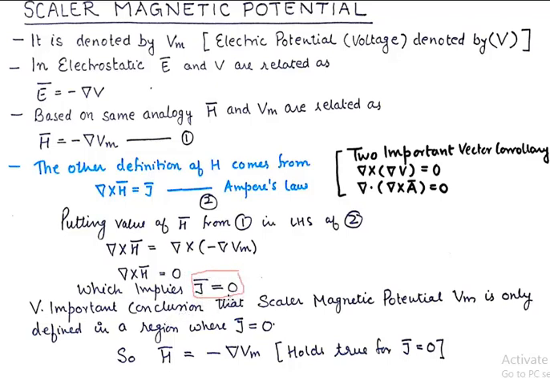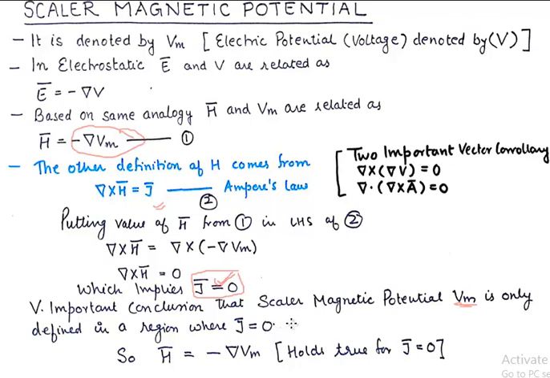So a very important conclusion that comes out is that the scalar magnetic potential Vm is only defined in the region where J is 0. From the above discussion we know that this will happen only when J becomes 0. If you put this value of H in Maxwell's fourth equation or Ampere's law, that will hold true if J is 0.